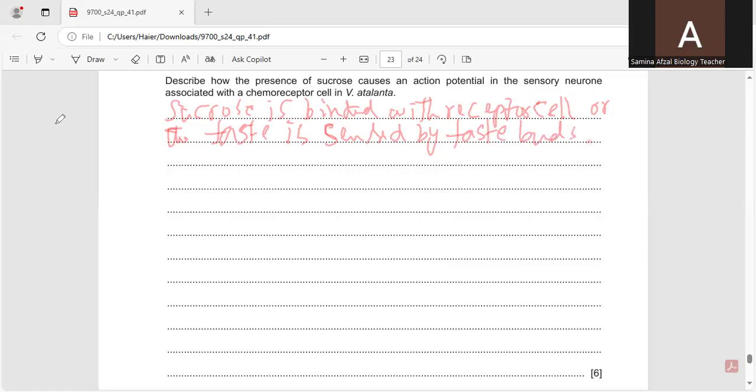So the sodium channel gates open and sodium ions enter the sensory neuron.